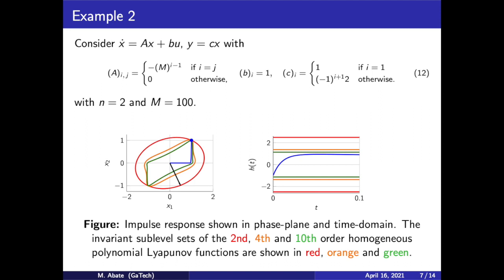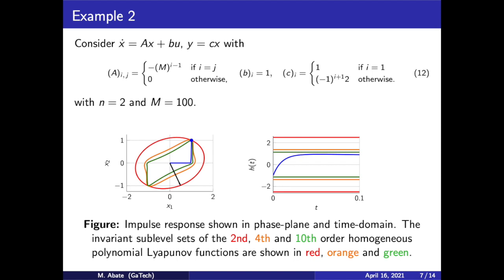So your system is always stable, but you can't use quadratic Lyapunov functions alone to compute a global bound on the impulse response. However, what we can do is apply this approach shown on the previous slide, an iterative approach to construct not only quadratic Lyapunov functions, but fourth order and 10th order homogeneous polynomial Lyapunov functions for this stiff system, and then use an analogous technique to compute bounds on the impulse response.